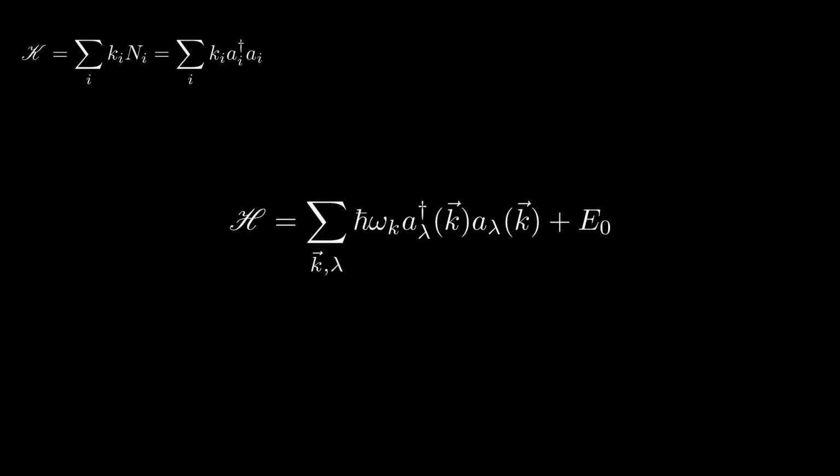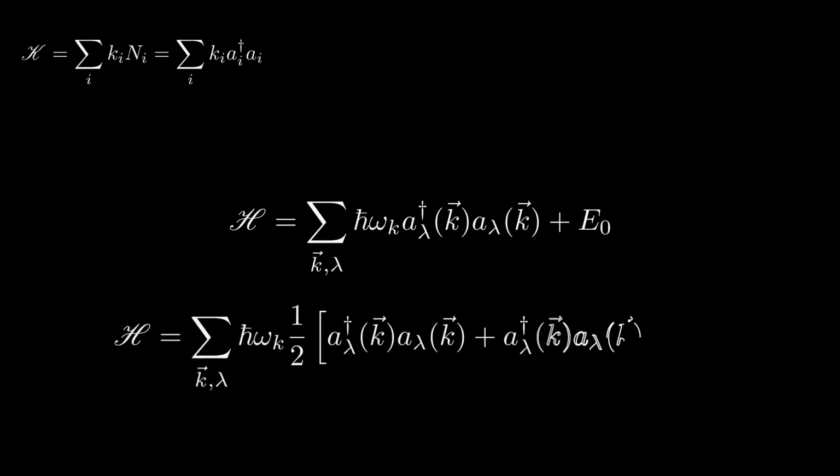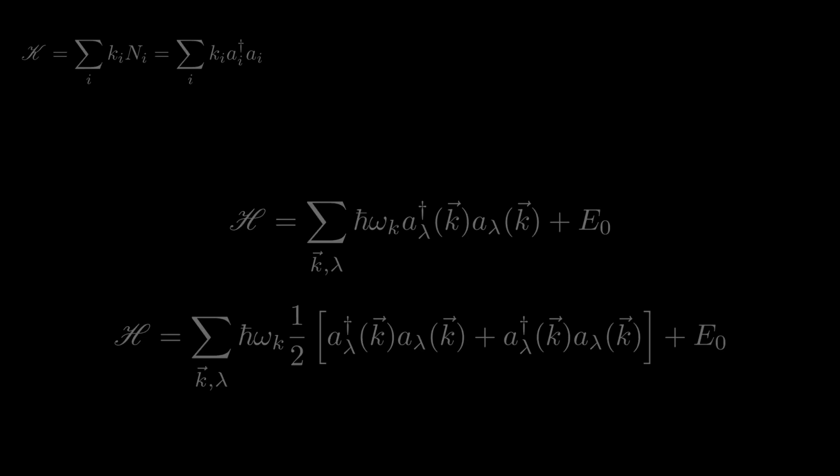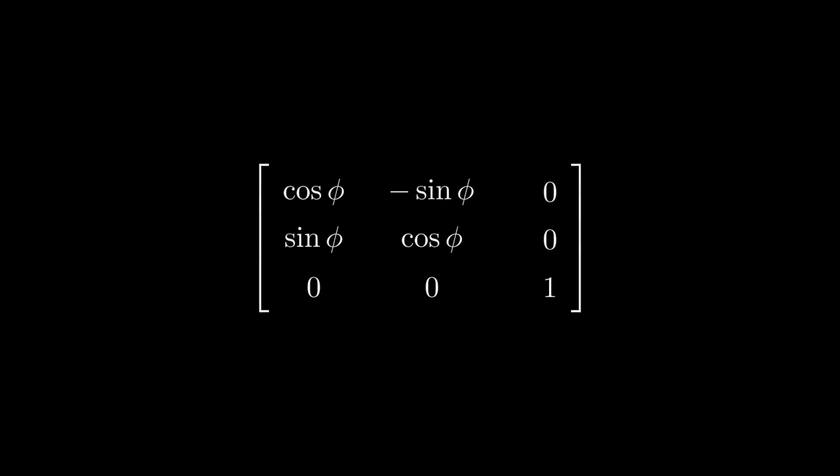Let us slightly rewrite the Hamiltonian by introducing a factor of 1/2. We need to know whether these particles are bosons or fermions. In other words, do they have integer or half-integer spins? To do this, note that a rotation by an angle phi around the z-axis is done with the following operator. This is equivalent to a rotation matrix.